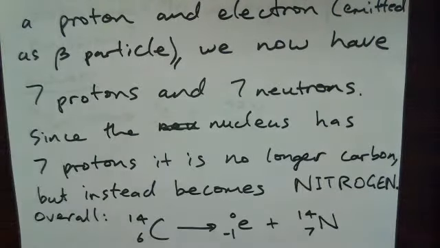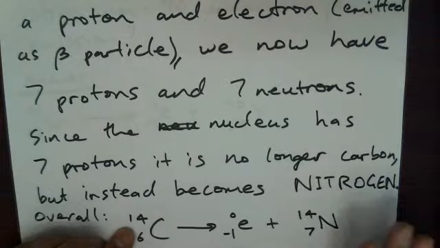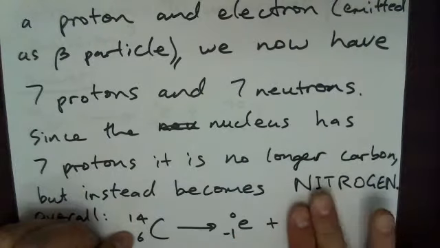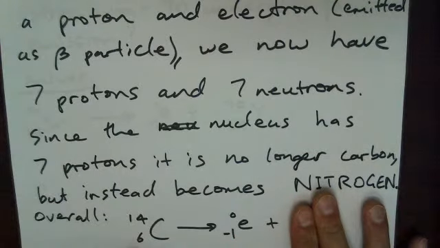So if you want to calculate the product from beta emission, the procedure would be to first look at the original, and then we know that we're going to have a beta emission. So my next step would go, okay, I must increase my number of protons and the mass stays the same.